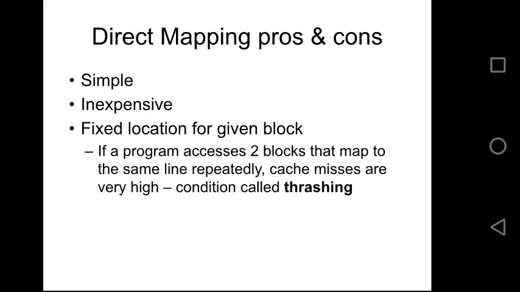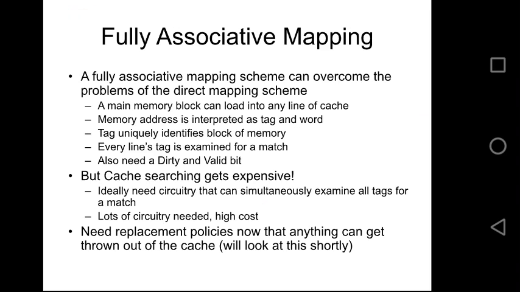Now we see another technique called fully associative mapping. The fully associative mapping scheme can overcome the problem of the direct mapping scheme. You understand, right? The major disadvantage with the direct mapping technique is that it may lead to a concept called thrashing.